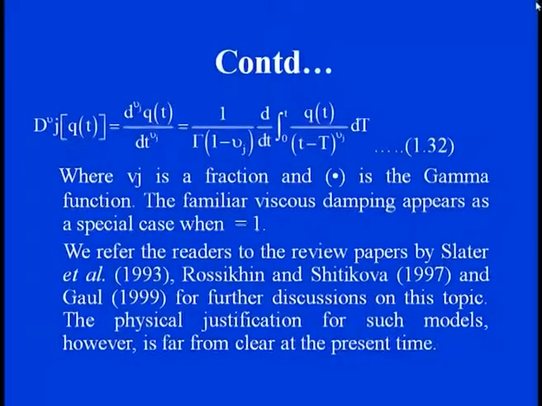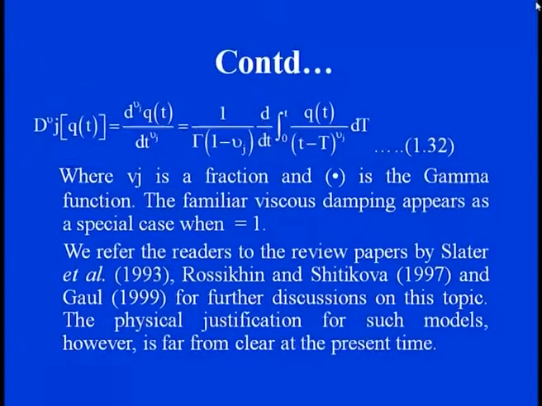So, the fractional derivative operator D^(v_j) q(t) is equal to d^v q divided by dt^v, or when we describe it, we have 1/Γ(1 − v_j) d/dt of the integral of q(τ) divided by (t − τ)^(v_j) dτ, where v_j is the fractional order and Γ is the gamma function, evaluated for the specific geometry.